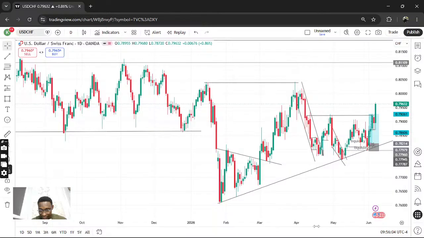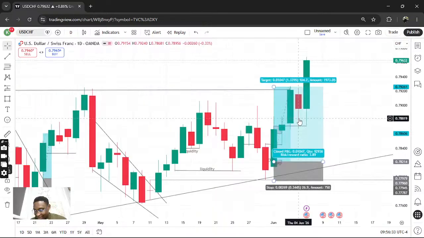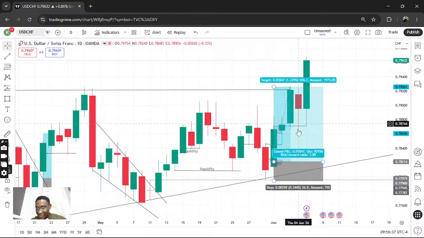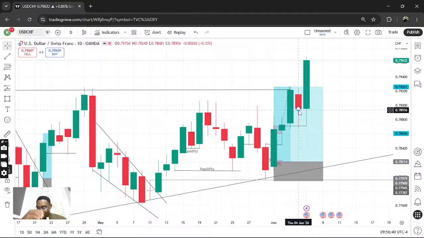This is the Thursday candle, and you can see that this is the line that I drew. This is the wick. Now, what does this wick tell you? It is giving you a rejection. It's telling you that the sellers are weak in the market and the buyers are strong. It is a rejection telling you that the market will continue the uptrend.